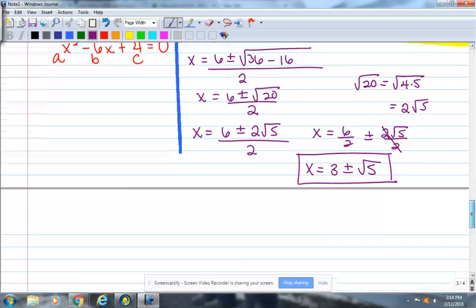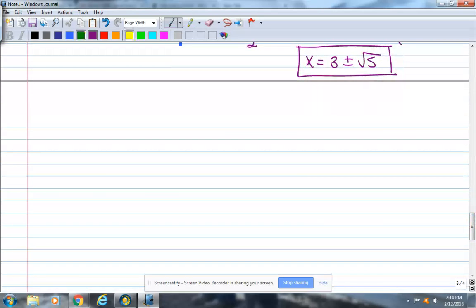So the next thing we need to talk about is something called the discriminant. A discriminant is a number, and that number tells you how many solutions you will have. So there are 3 possible outcomes we can have.